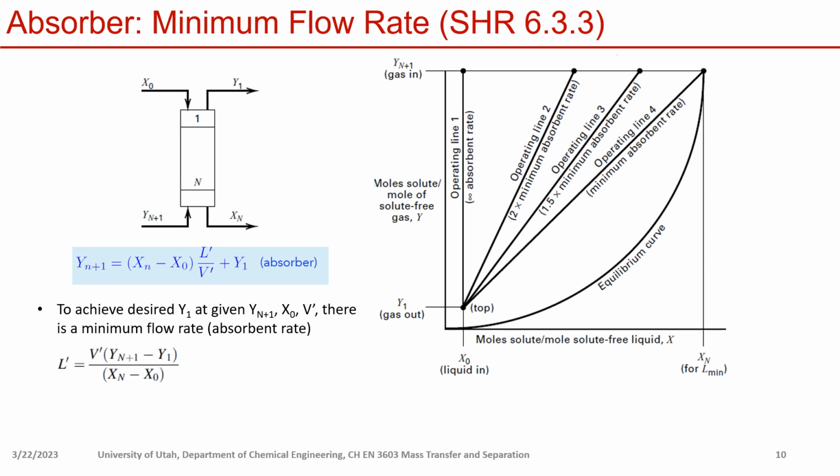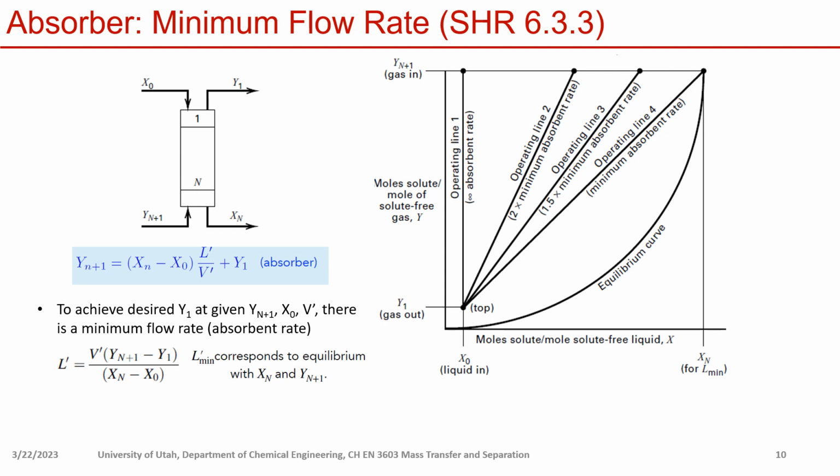So from this equation we can derive L prime. Basically you move y1 to the left, then you divide by xn minus x0 on the right, then you multiply the equation by V prime on both the left and right hand sides, so you can get L prime. So then we can compute the minimum flow rate required for the absorption tower to operate.